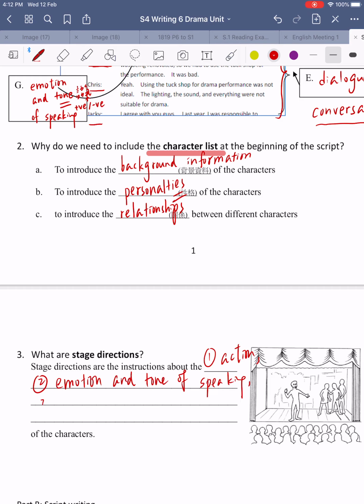And the last one is our position, is the character's position in the drama play. Okay, so these 3 things are all related to stage directions.